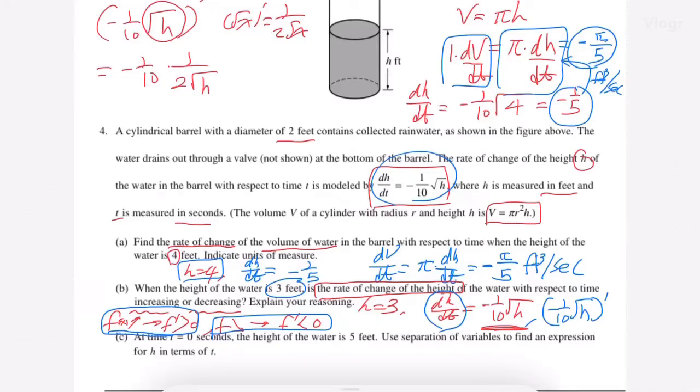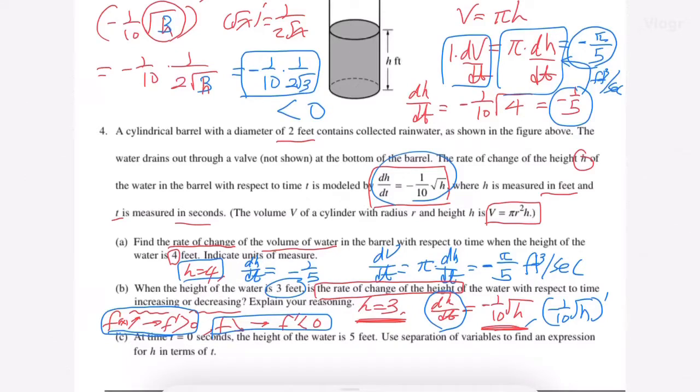When h equals 3, right? It says when h equals 3, so plug in 3 for h. So negative 1 over 10 times 1 over 2 root 3. This is less than 0, right?